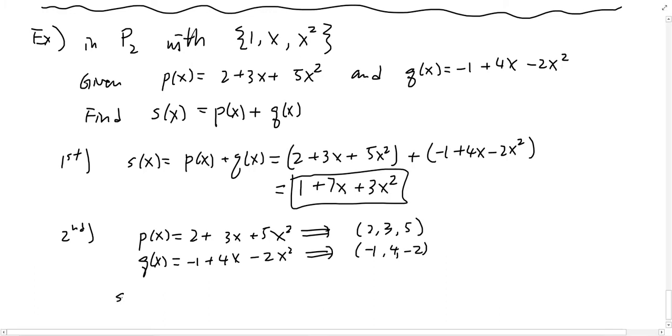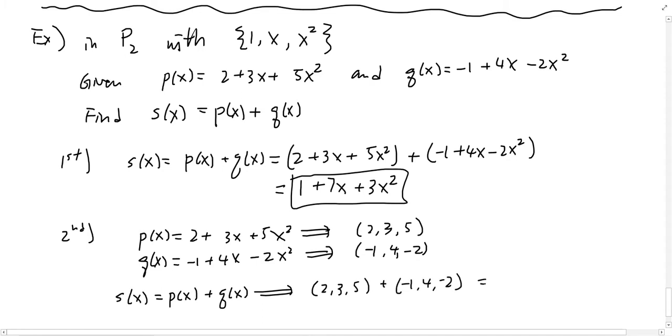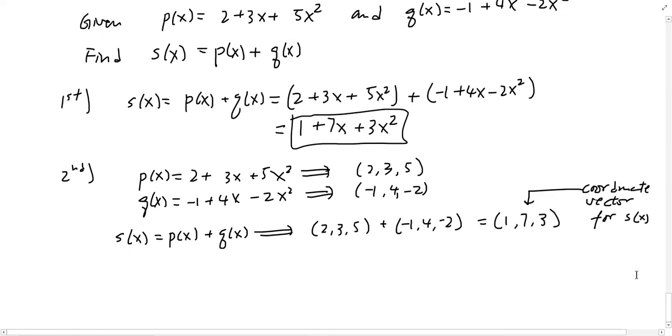Now if I think about s of x, which is equal to p of x plus q of x, I can think of it as adding these two coordinate vectors together to form the coordinate vector for s of x. And so now I can say s of x is equal to 1 plus 7x plus 3x squared.